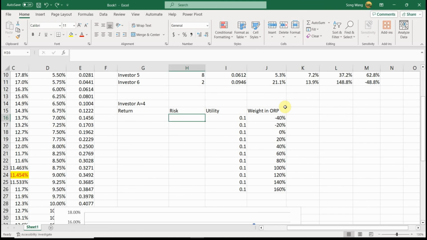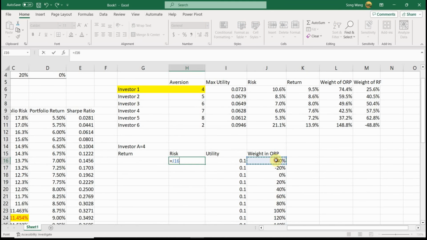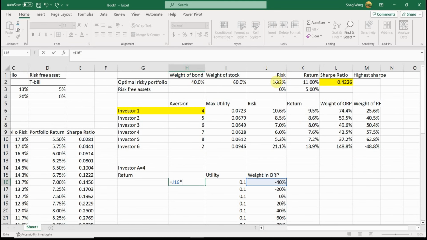Okay. And for the risk, basically it is the weight of the portfolio times the risk of the portfolio. We went over that. Actually, it's supposed to be a very complicated formula, but because there's a zero correlation between the risk-free and the risky portfolio, all the other components are eliminated.